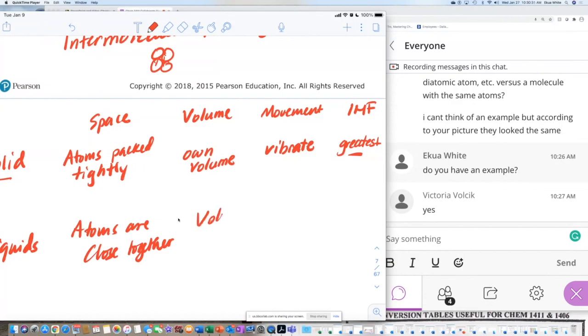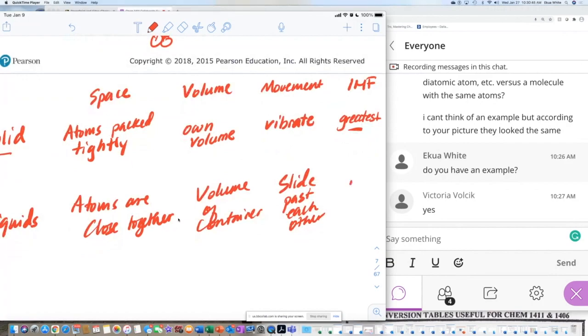They take the volume of the container and liquids slide past each other. And then here, intermolecular force, intermediate, in between.